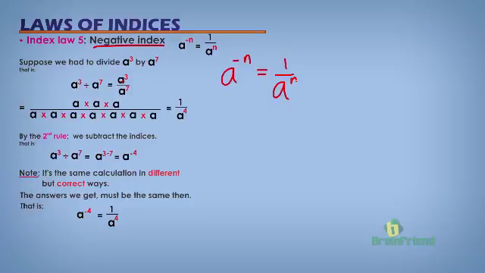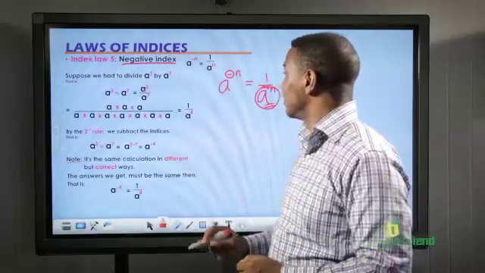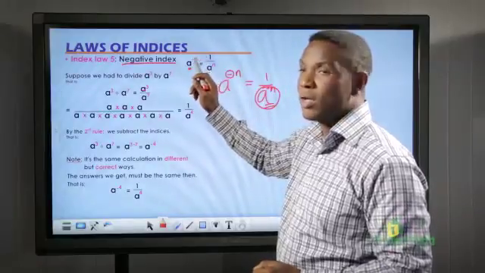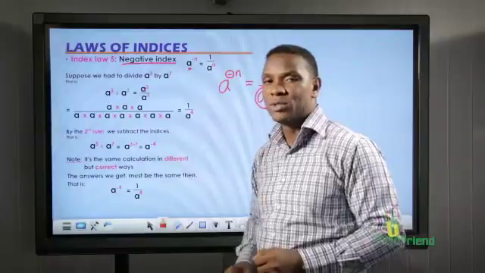Our aim in carrying out this operation is basically to lose this negative sign. And as we see in our final answer, we have a positive sign here, but our number becomes inverted. So the negative index law again states that any quantity raised to a negative power becomes 1 over that quantity raised to a positive power.